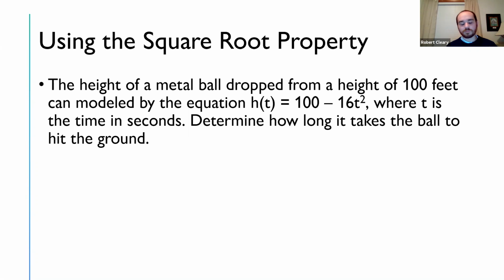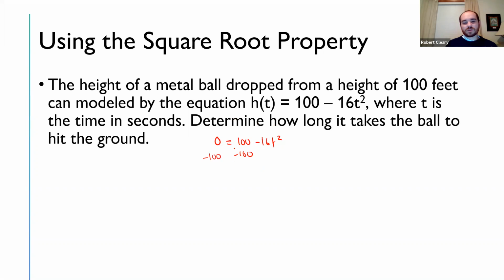This is actually some basic physics. 16 is equal to 1/2 the acceleration of gravity, in case anybody cares, in feet per second squared. It is rounded. I don't really like that, but not really the point. So basically, if we want to solve this, we start with 0 equals 100 minus 16t squared. We subtract 100 from both sides.